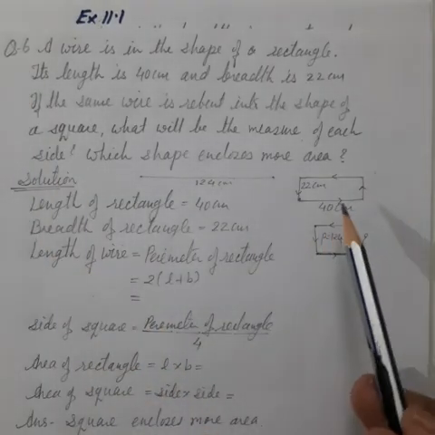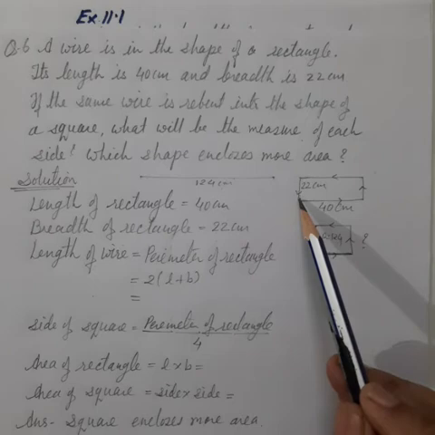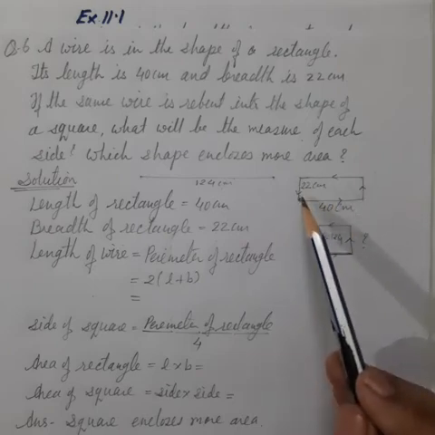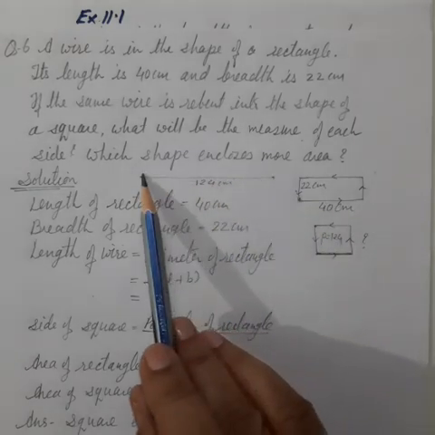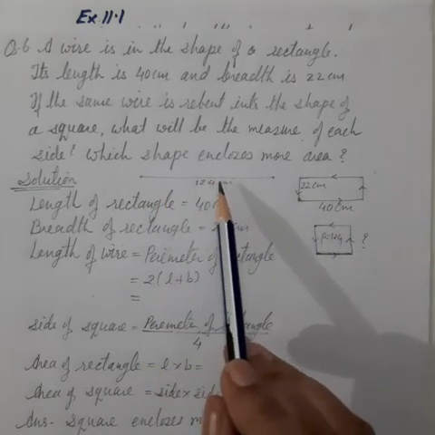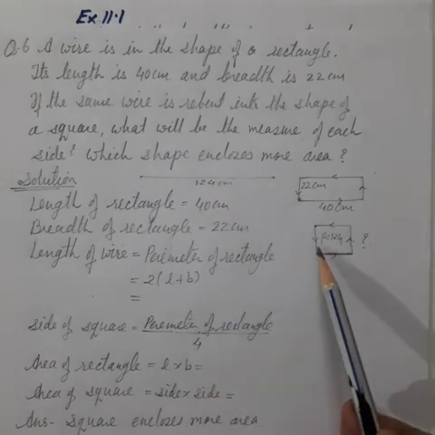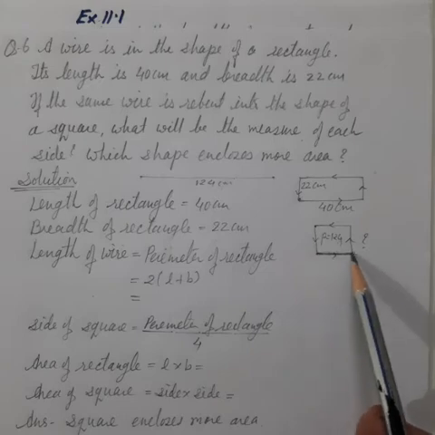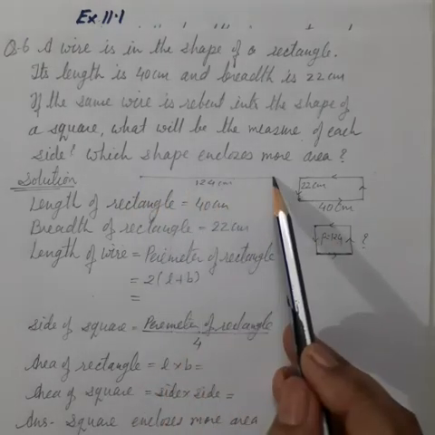Question 6. In this question 6, a wire is in the form of a rectangle. If we find out the perimeter of this rectangle, we will get the length of the wire. This wire is again rebent to form a square. So the perimeter of square will be equal to the length of wire.